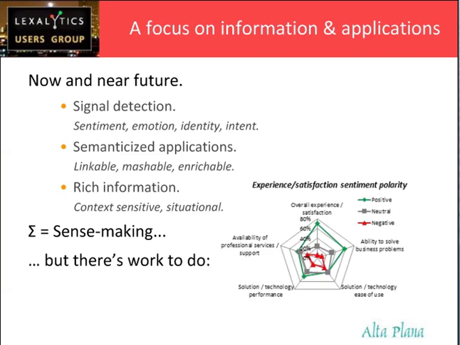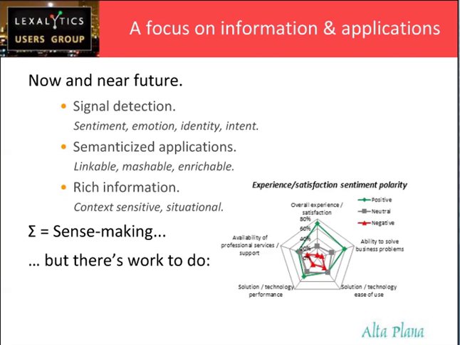We have semanticized applications that allow the linkage of information from disparate sources, the mashup of disparate capabilities. Once again, the aim is to provide an ensemble that is greater than any one of the parts can provide in terms of the business value, whether it's business value to an enterprise or to an individual consumer. And we have rich information that is context sensitive and situational.